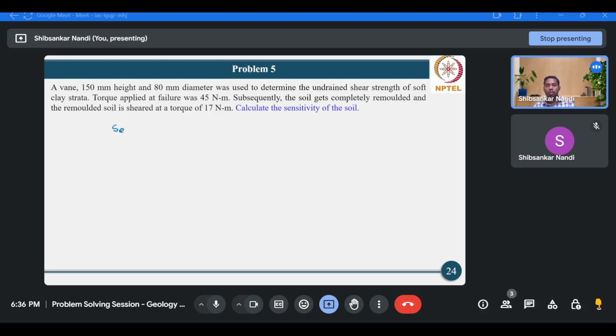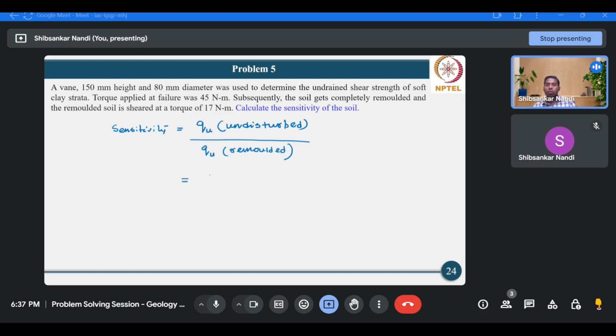What is sensitivity? Sensitivity is defined as the ratio of qu undisturbed to qu remolded.